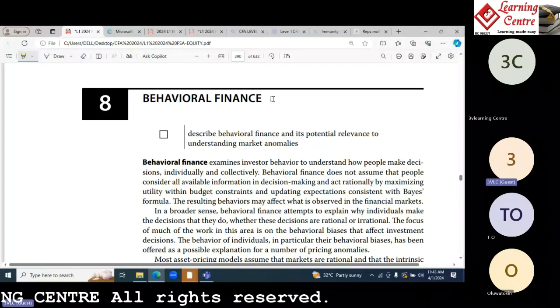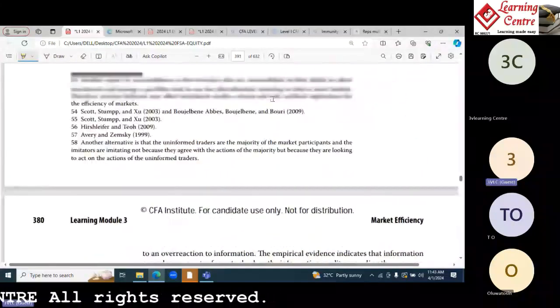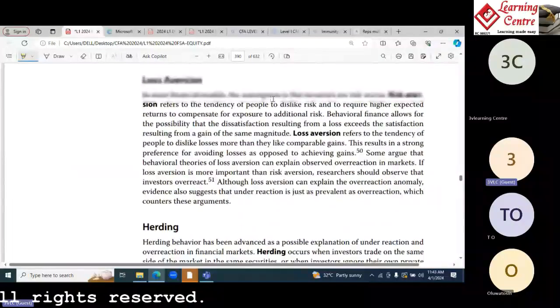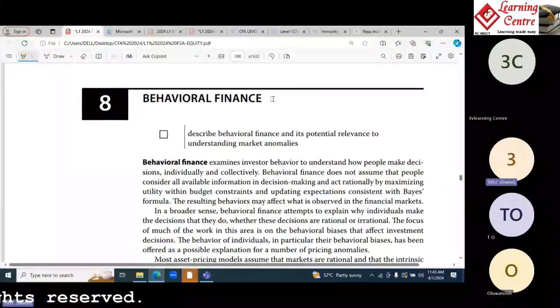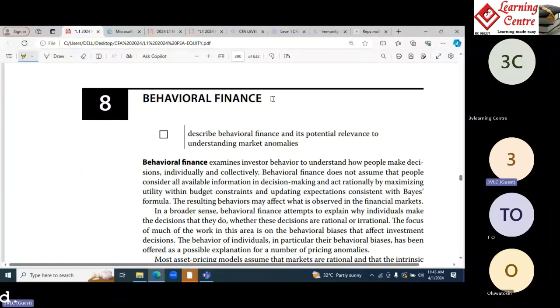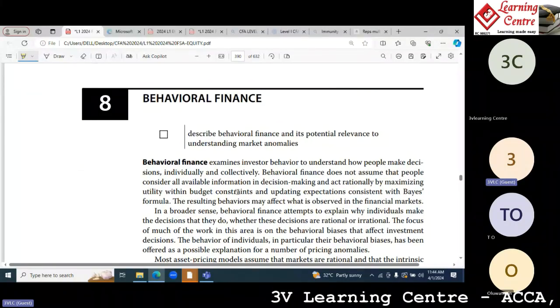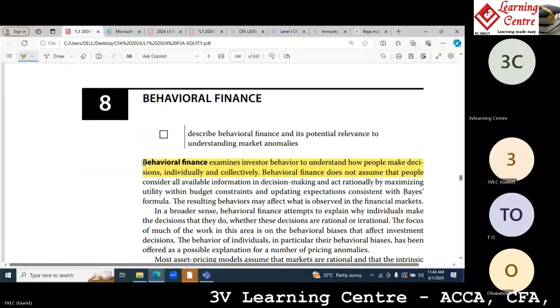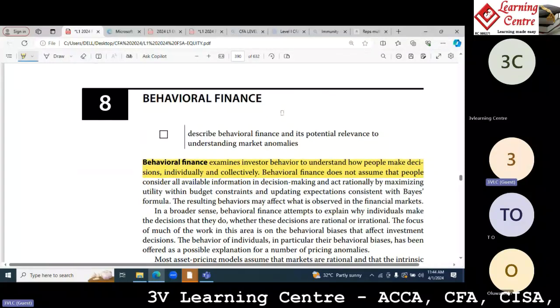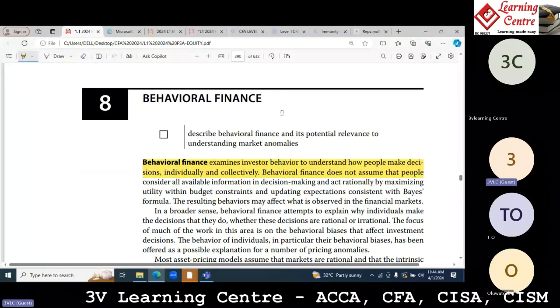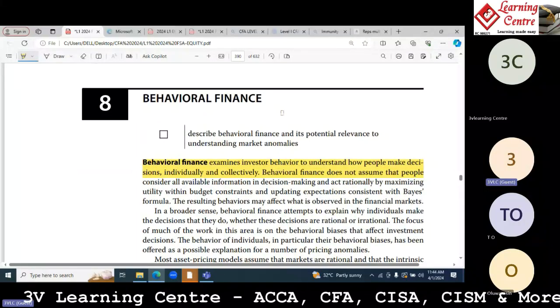Now, let's move to behavioral finance. In some quarters, they've said that behavioral finance is a field that helps us to understand market anomalies. So behavioral finance examines investors' behavior to understand how people make decisions, individually and collectively. So how do you make investment decisions individually and collectively?